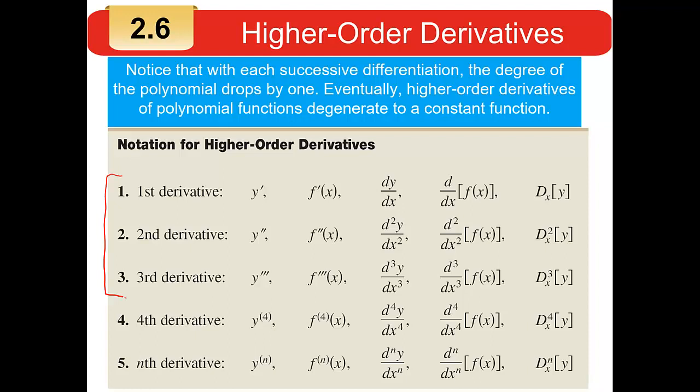If you start out with a fourth power, the first derivative will be a third power, the next derivative will be a second power, the next derivative will be a first power, the next derivative will just be a constant, and on and on. Actually, after that, the derivative will be 0. Until you get down to 0, the powers keep going down by 1, if you're taking the derivative of a polynomial function.